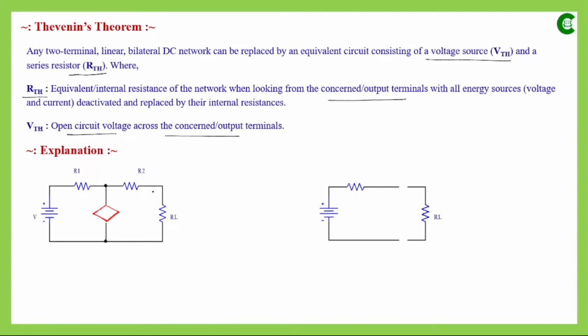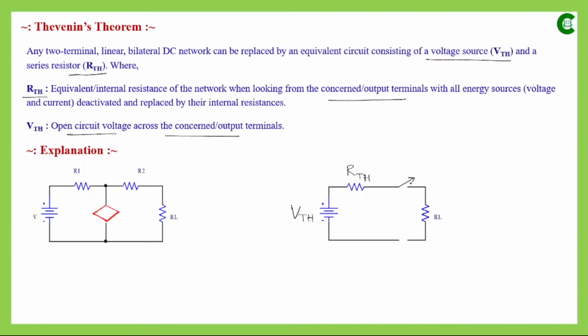Now if we Thevenize this electrical network, in the final circuit we will have an equivalent voltage source VTH, which will be the open circuit voltage across those concerned terminals, and with that we will have a resistor connected in series, called the Thevenin equivalent resistance, which is the internal resistance of that network.